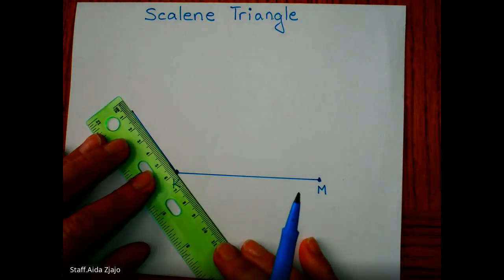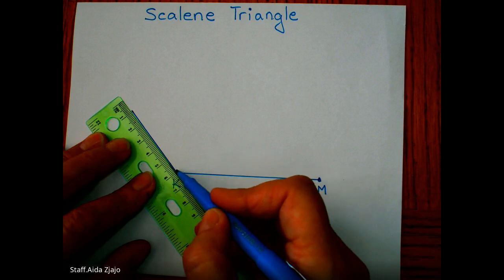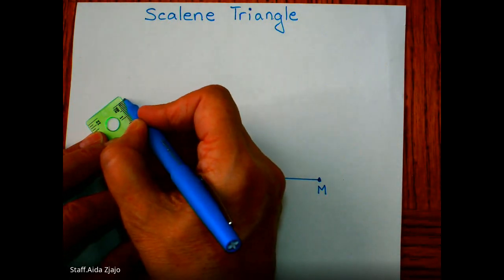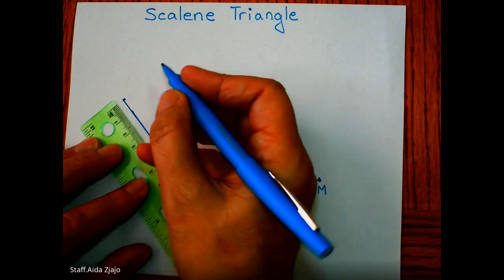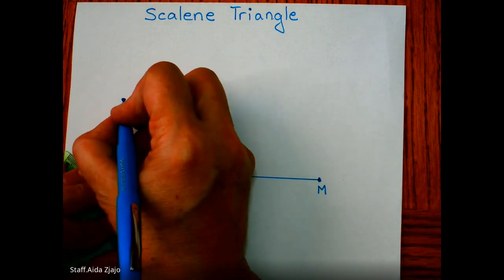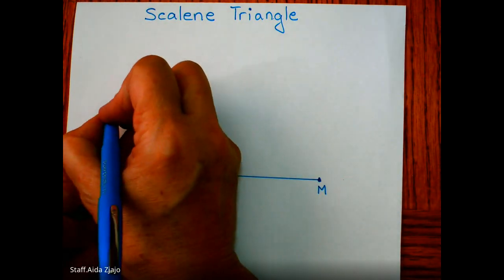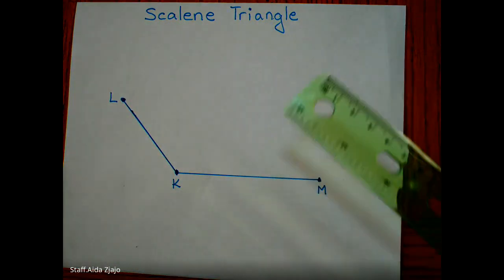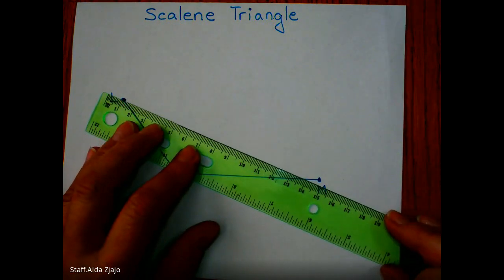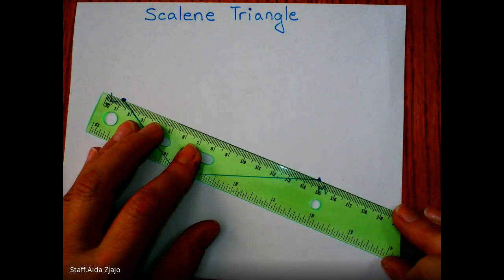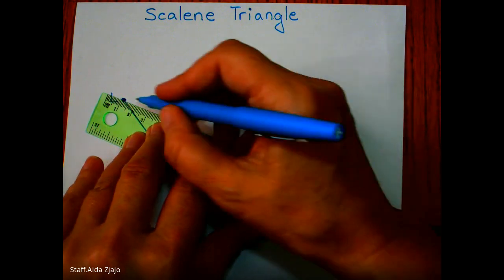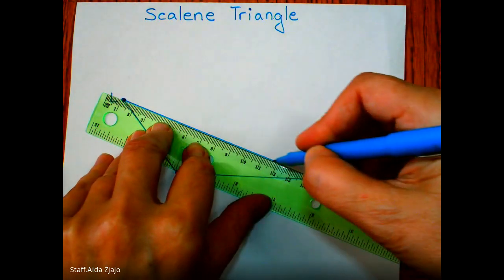So I'm going to need a little bit more of the line. And then here is the 6 centimeters that I need. So here is my next point, which I will call point L. When I have these 3 points, I can connect L and M, and I will have the third line segment of my scalene triangle.